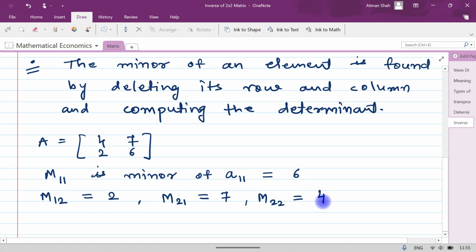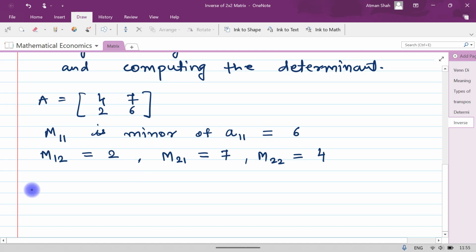So minor matrix M is M11 is 6, M12 is 2, 7, 4. So this becomes the minor of matrix A.